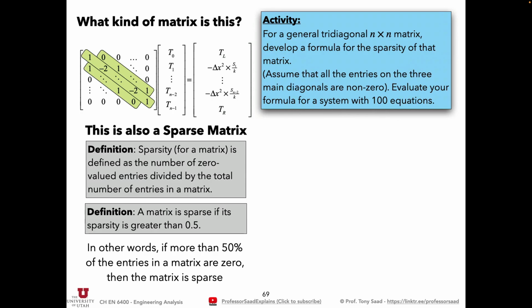So the size of the main diagonal is n entries. First upper is n minus 1. First lower is n minus 1 as well.